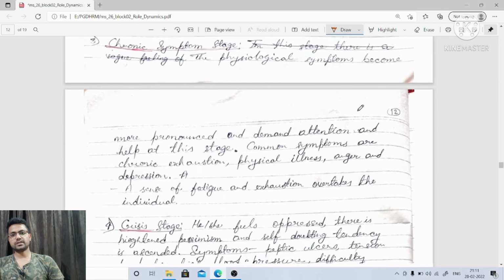Third stage given, the chronic symptom stage. At this stage, symptoms become more pronounced.